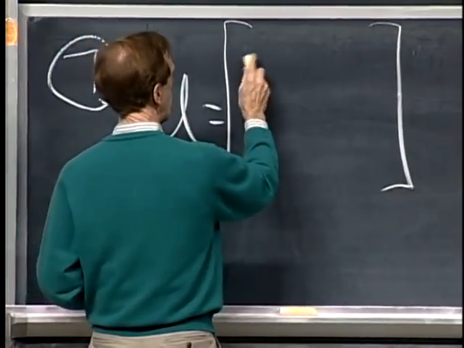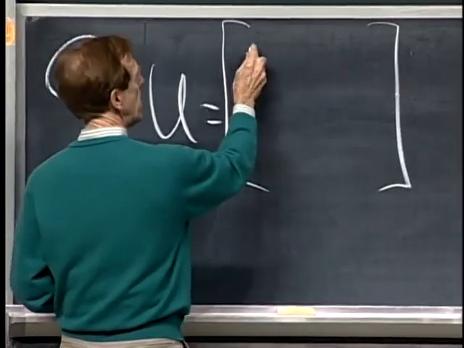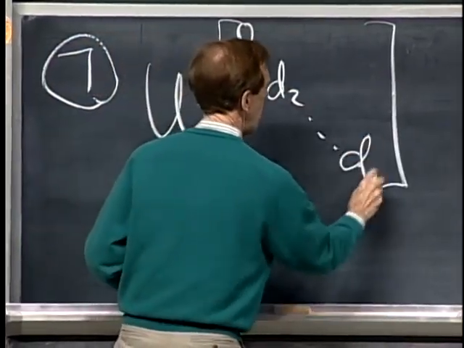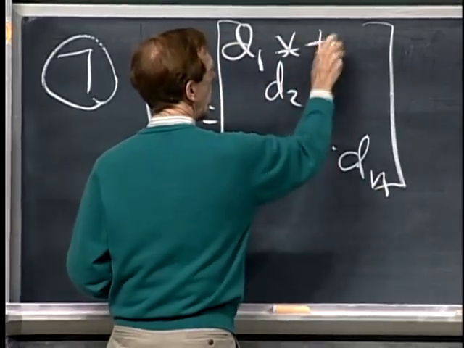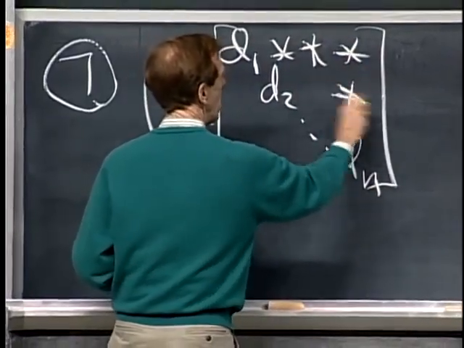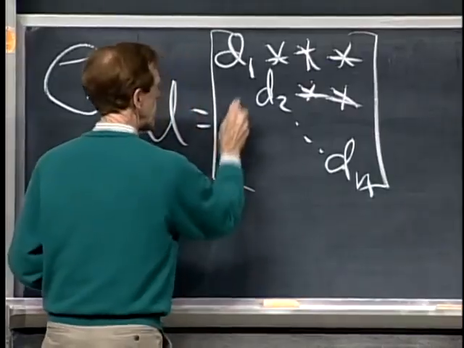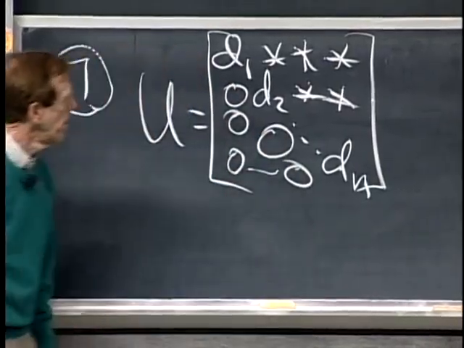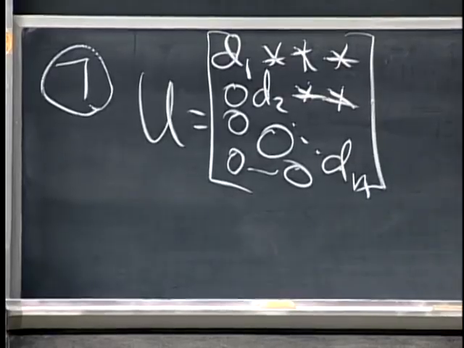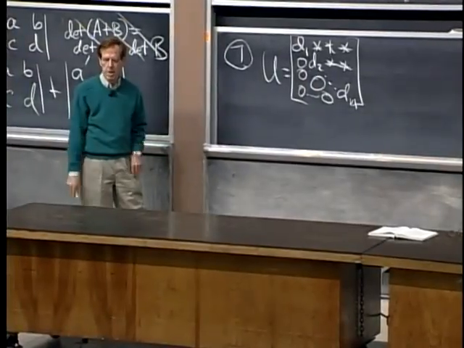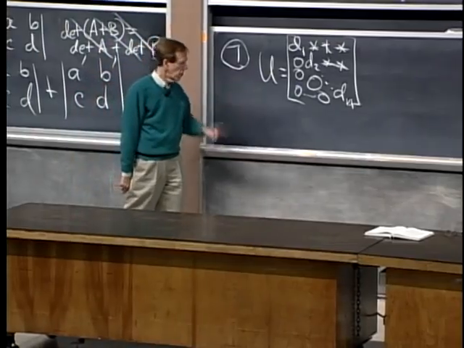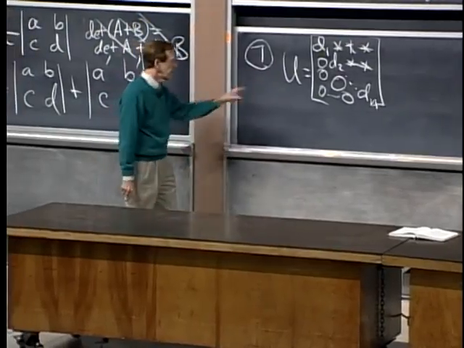So it's got the pivots, D1, D2 to Dn, and stuff is up here. I don't know what that is. But what I do know is this is all 0. That's all 0. And I would like to know the determinant, because elimination will get me to this.